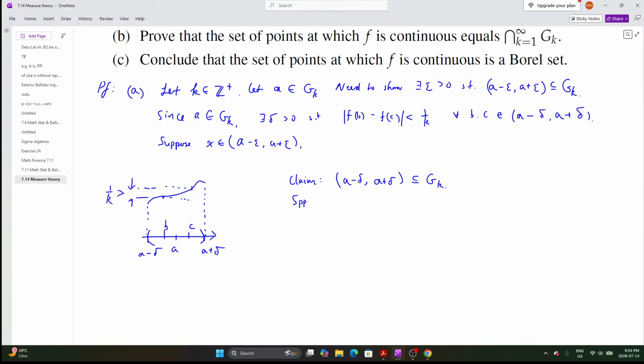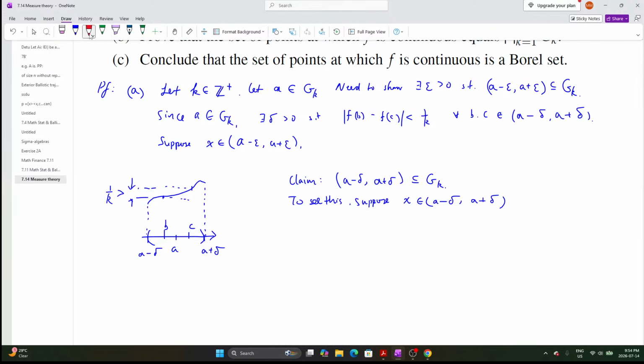So to see this, suppose x is in (a minus delta, a plus delta), and see what's going on.